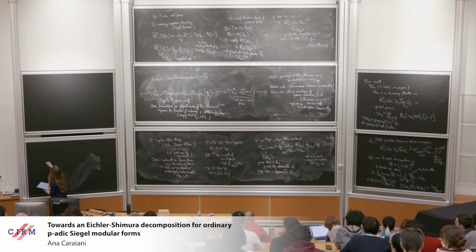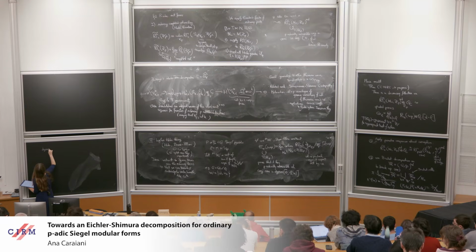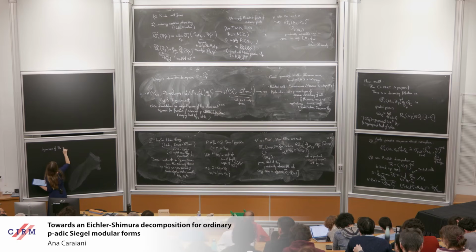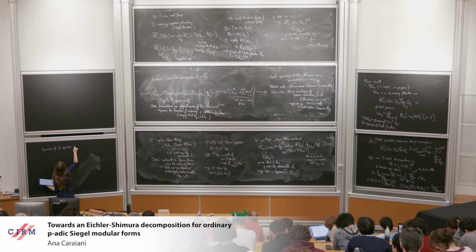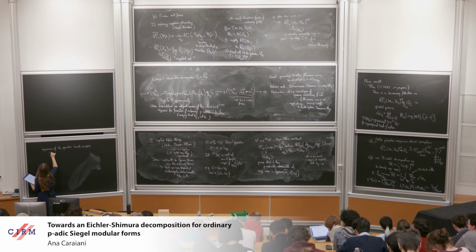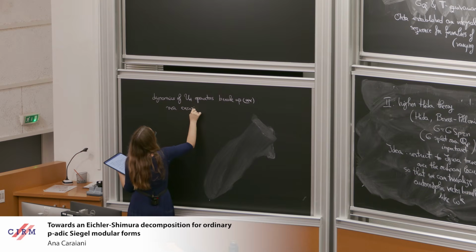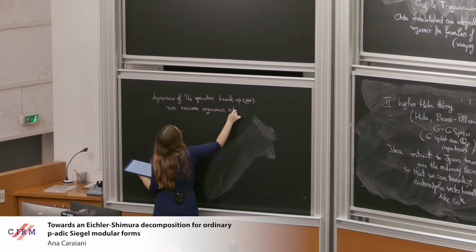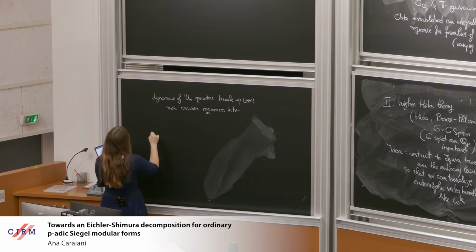Okay, so I'll just say that the dynamics of U_t operators break up this big thing via excision sequences into pieces, say graded pieces that look like a sum over Weil group elements of fixed length.